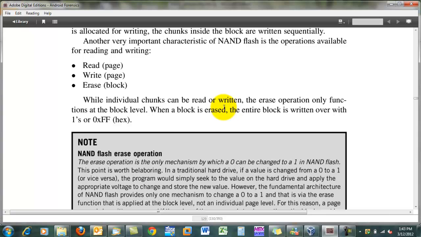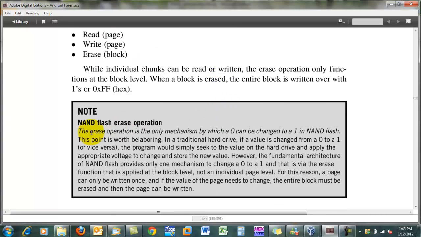So the erase operation is the only one that can change a bit from 0 to 1. Let me repeat again. For a NAND operation, there's a special case for changing a 0 bit to a 1 bit. The only way to change it is by using the erase operation.